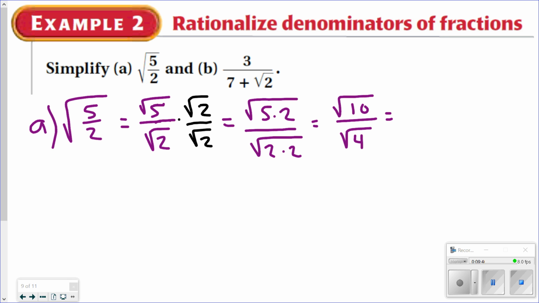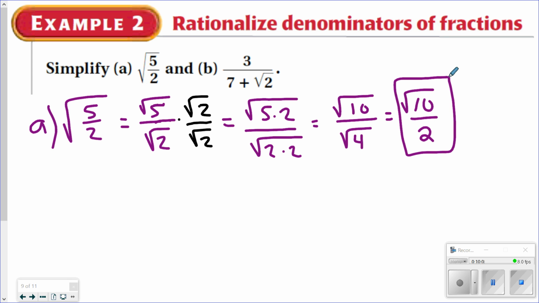So this simplifies to the square root of 10 divided by 2. Now, before we can say that this is simplified all the way, let's look at our numerator. Does 10 simplify anymore? Is there any perfect square number that is a factor of 10? The answer is no. So the square root of 10 divided by 2 is our final answer.